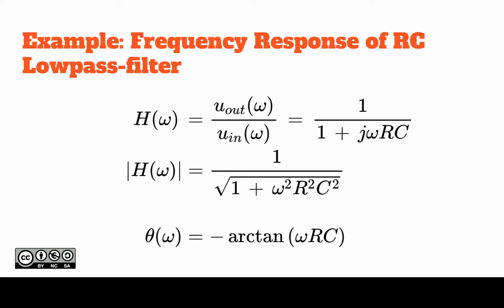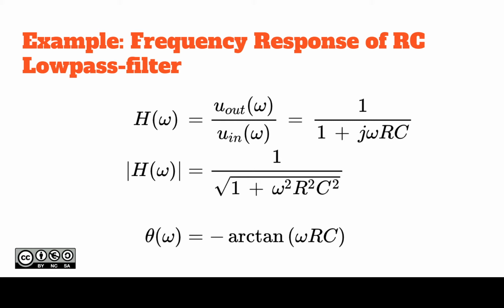Then the phase response is the complex angle of that one. And doing the math, I just cut corners usually, just like in here. Doing the math here actually shows that the complex angle is the same as minus arctangent of omega RC. Okay.